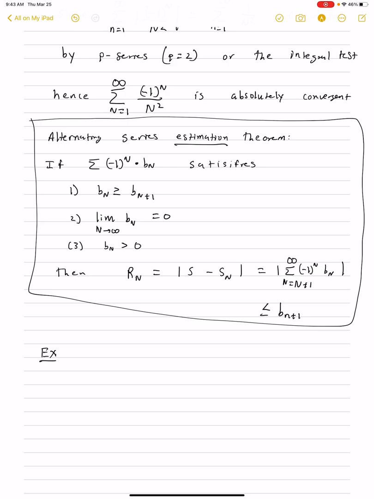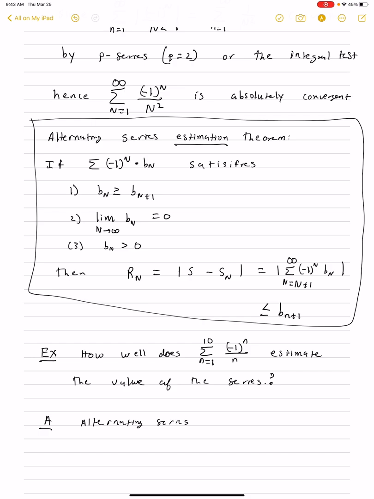If you're asked this question, how well do the first 10 terms, n equals 1 to 10, of minus 1 to the n over n estimate the value of the series, well, we'd answer this with the alternating series estimation theorem.